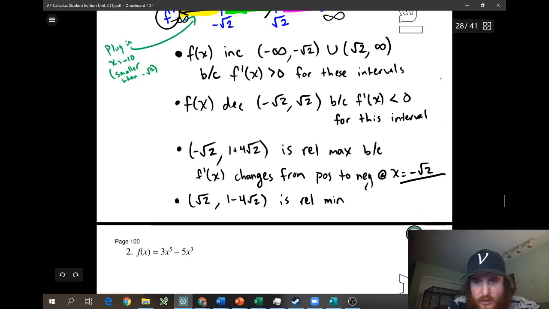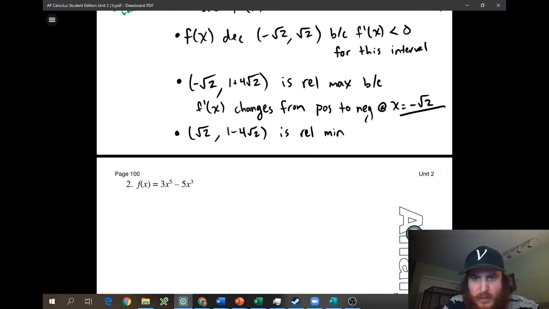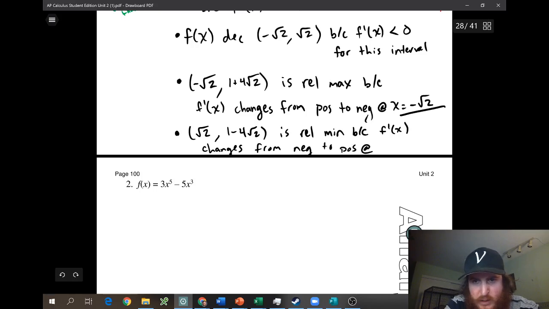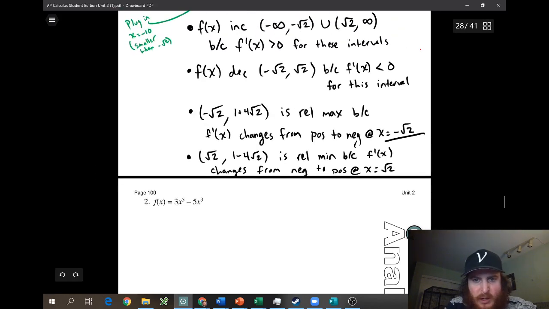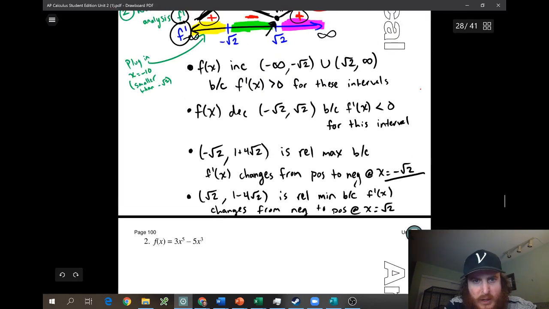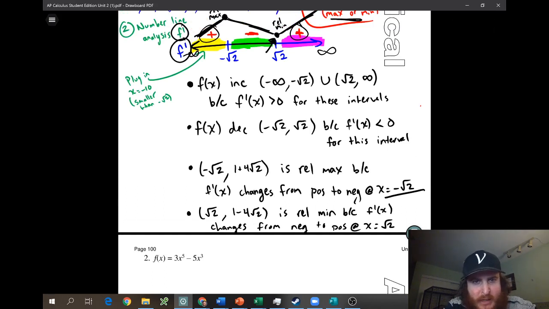And same reasoning. So it is our relative minimum because f prime of x changes from negative to positive at x equals square root of 2. Now, I want to be very careful about these words negative and positive, right? F prime is negative, and it changes from negative to positive. That's kind of what we did in red, right? F prime was negative, now F prime is positive.